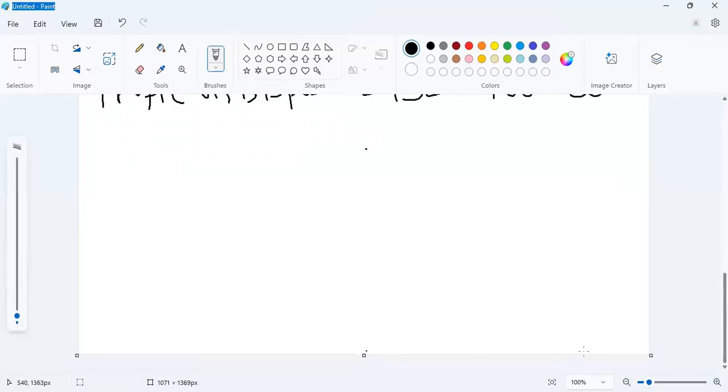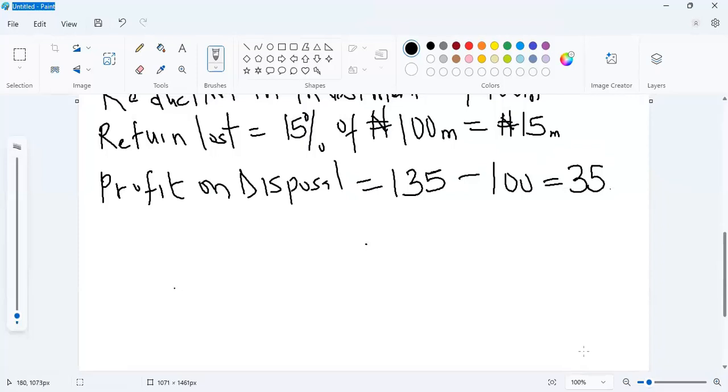Our income statement: our profit after tax, our retained earnings, our current assets.